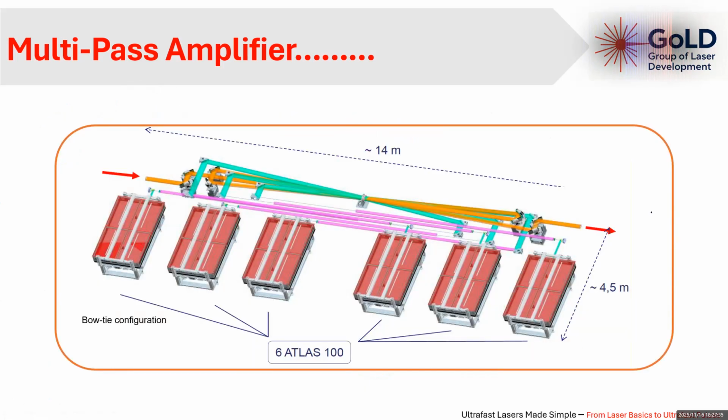You can see that this is a bow tie type amplifier, and here is the crystal, and these are the mirrors on both sides. What you see here are pump lasers.